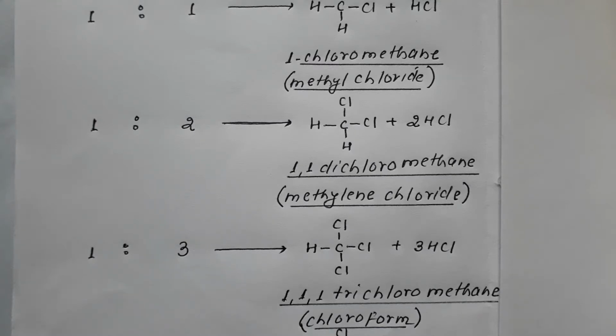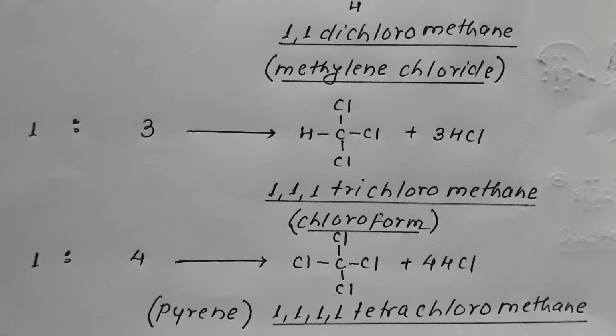Now if methane reacts with chlorine in the ratio 1:4, all the 4H of the methane get replaced and it results in formation of tetrachloromethane, CCl4, commonly termed pyrene, which is used as a fire extinguisher.